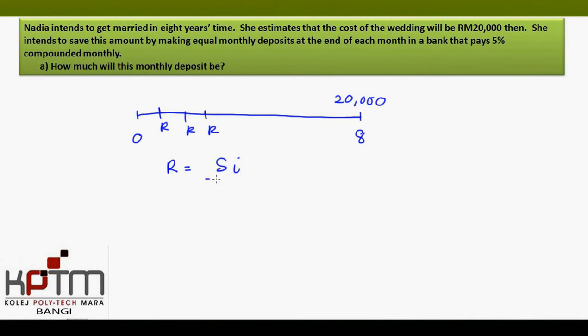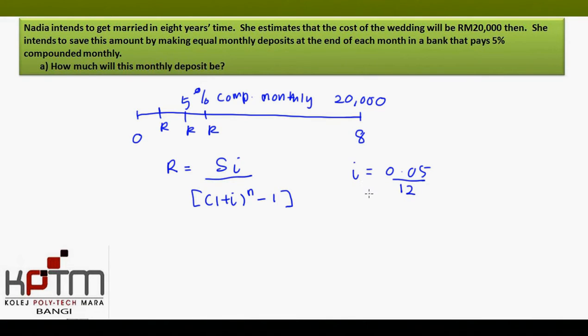So R equals Si over (1 + i)^n − 1. The bank offers 5% compounded monthly. From here, i equals 0.05 over 12 because of monthly, and n is 8 times 12, which is 96. n is the number of interest calculations. n is also the number of monthly deposits.